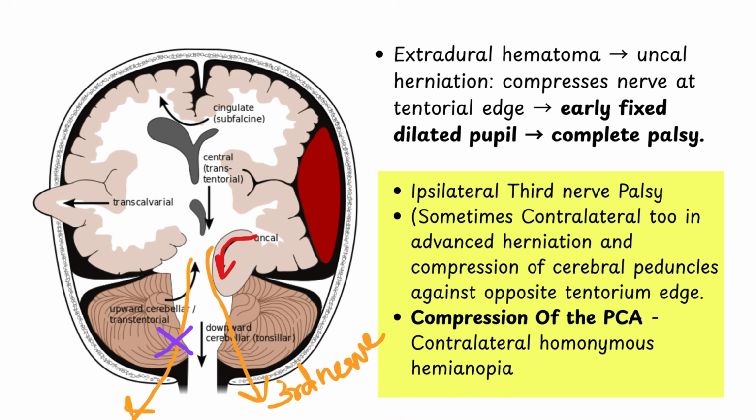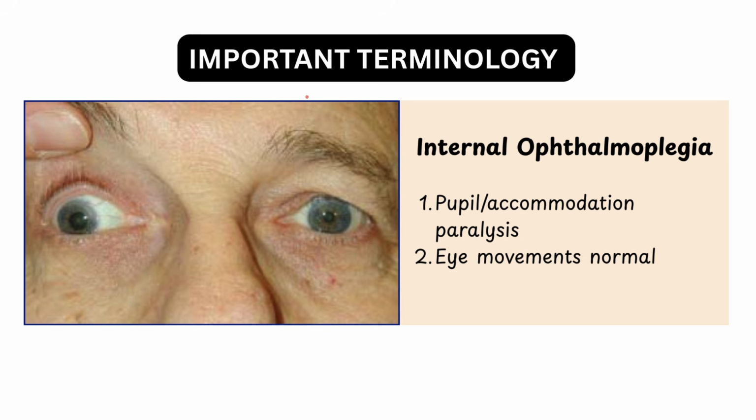The posterior cerebral artery can also get compressed, and this artery supplies the visual cortex, and therefore compression of the posterior cerebral artery can lead to contralateral homonymous hemianopia. So in these lesions, the pupil gets involved along with the somatomotor component, and therefore this is known as pupil afflicting third nerve palsy. When only the pupil is involved, it's called internal ophthalmoplegia.